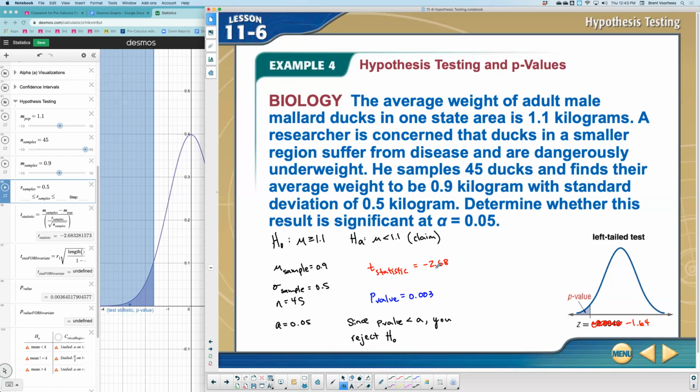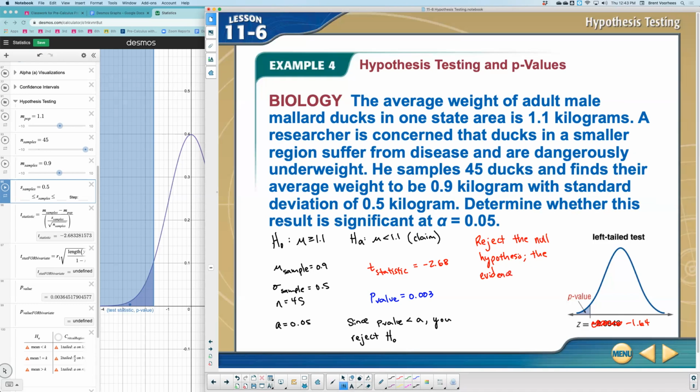Okay, so coming back and writing it the way we have been writing it in full sentences here, we would reject the null hypothesis. The evidence supports the claim.